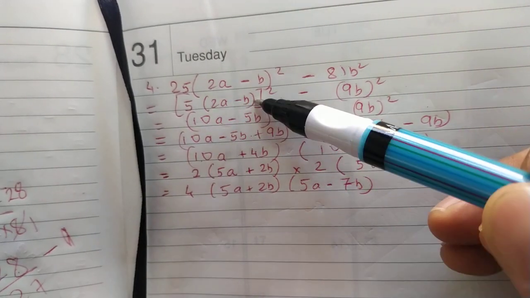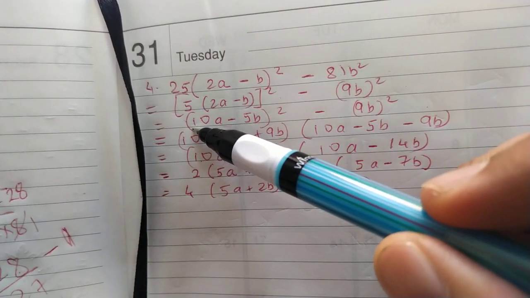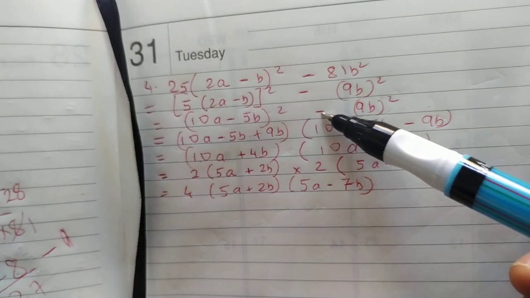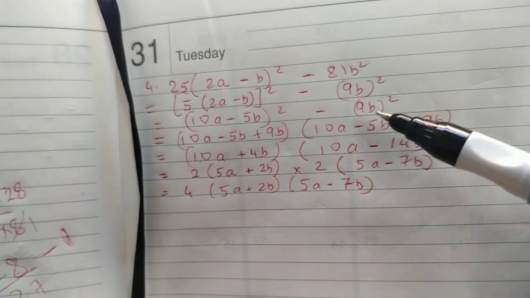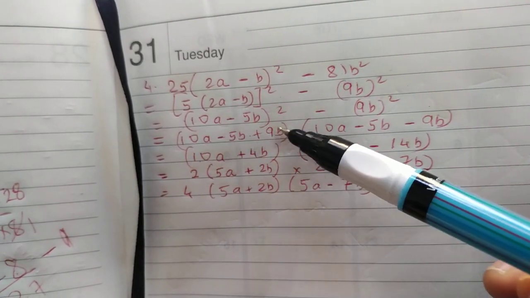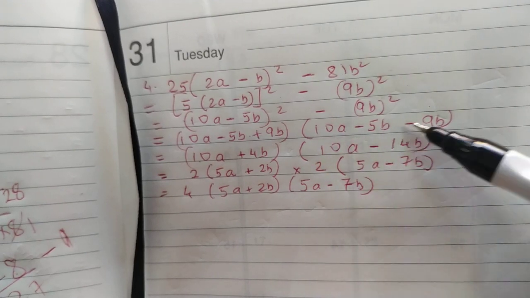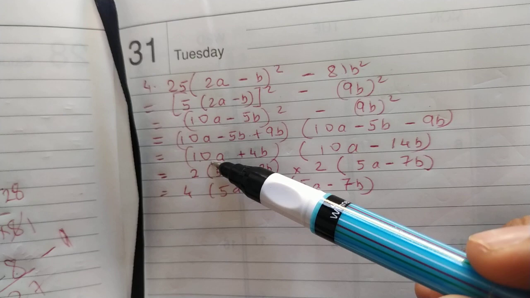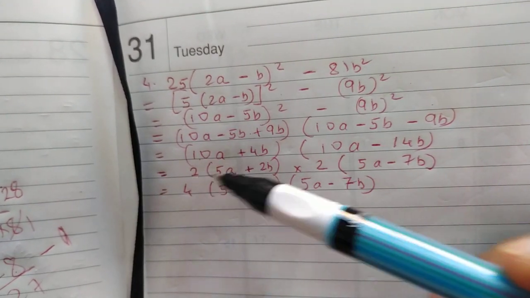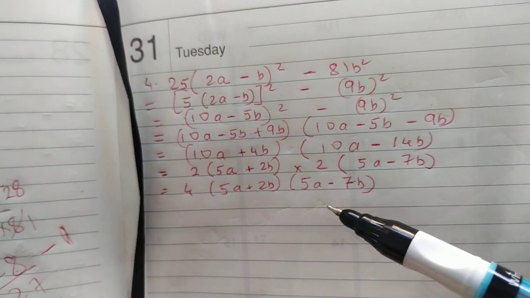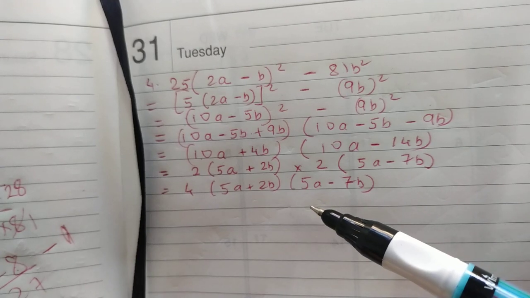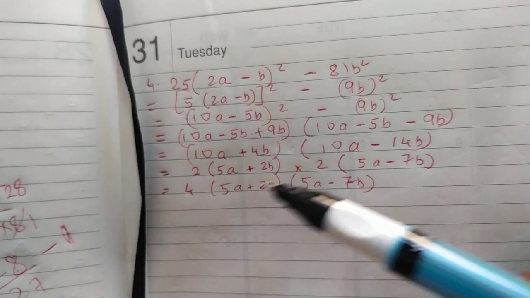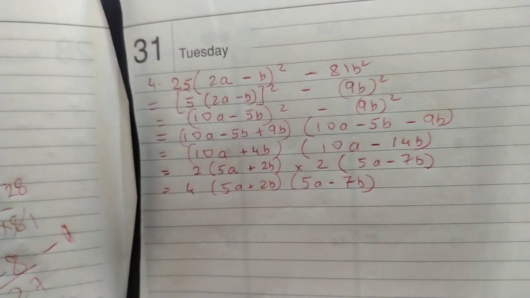Open the inner brackets, so again it is still in the format a squared minus b squared. So now use the formula a plus b, a minus b. Like terms together, solve. Whenever you can remove something common, do that. So even here remove 2 common. Now 2 into 2 is 4, so that is what is written in the end.